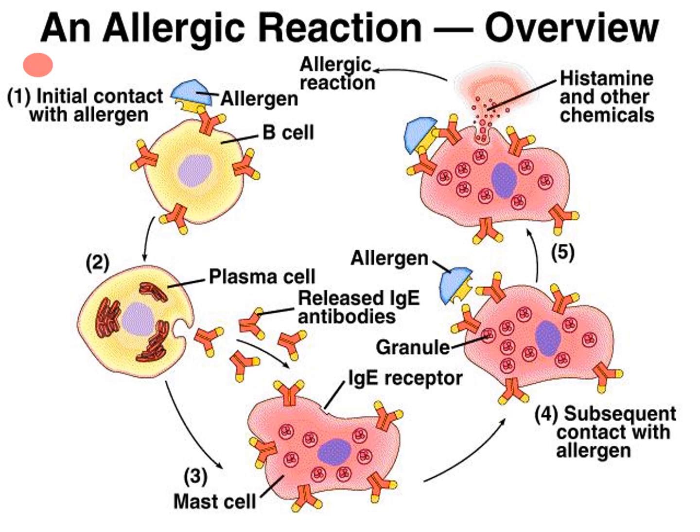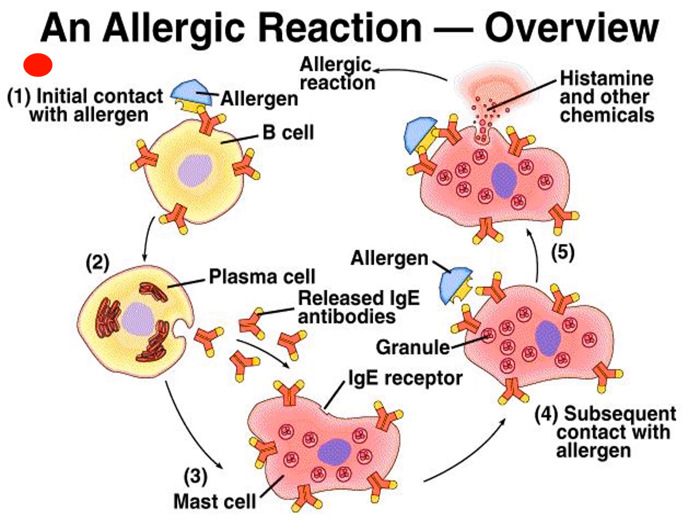Over here, up in that upper left-hand corner, we have a red dot. That's our initial contact. Our initial contact is with just a B cell, and that B cell is going to see this new allergen. Since we're talking about IgE antibodies and an allergic reaction, we're going to use the term allergen there.